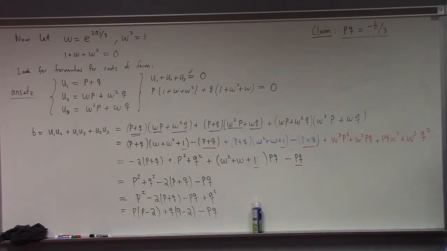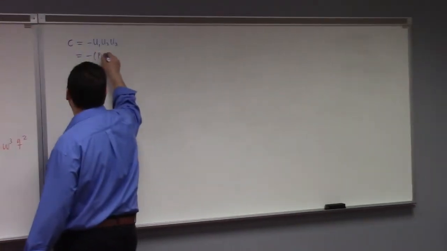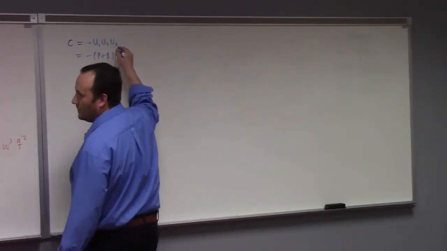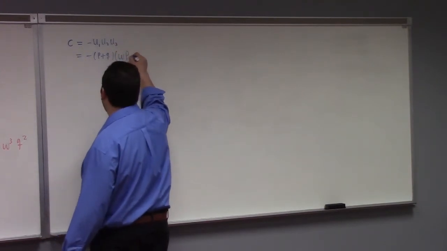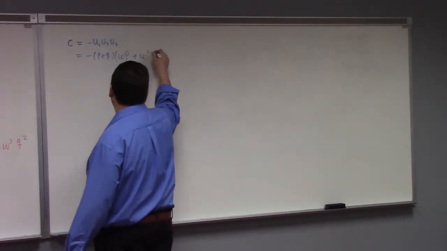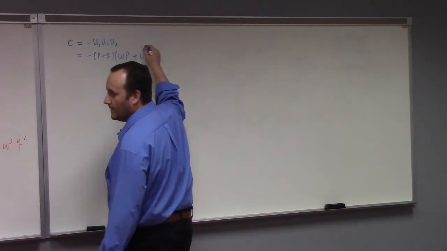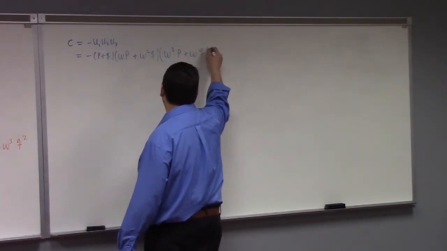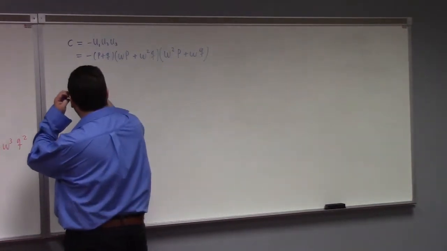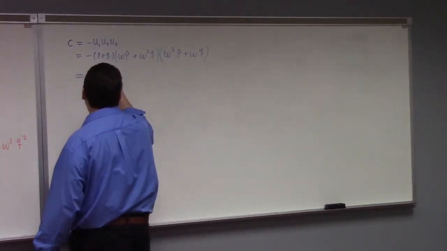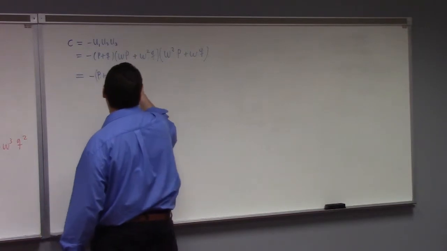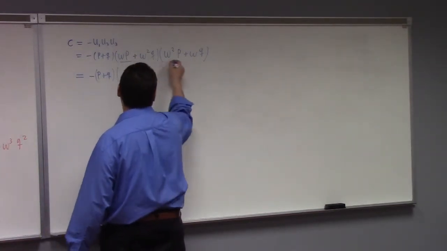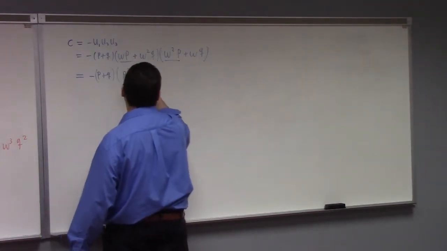Minus U1 minus U2, which is minus P plus Q, omega P plus omega squared Q, omega squared P plus omega Q. So we multiply this thing out, what do we got? This times this gives me a P squared.